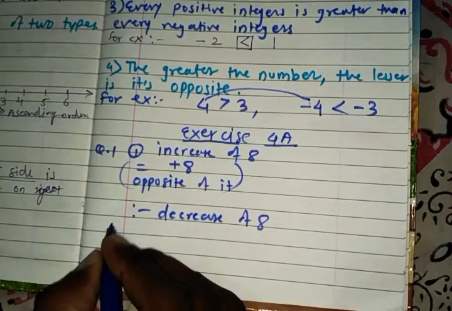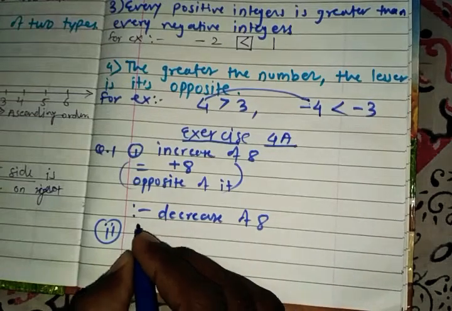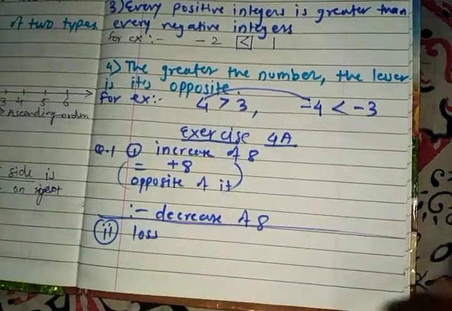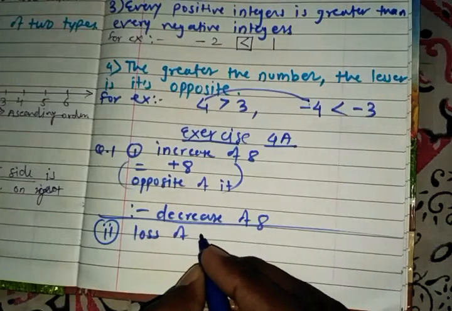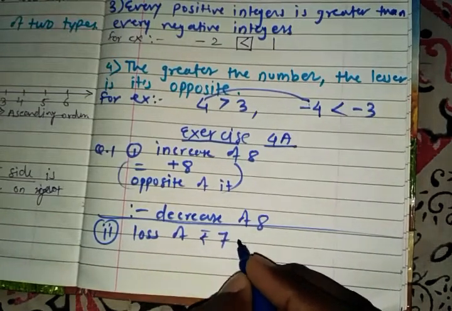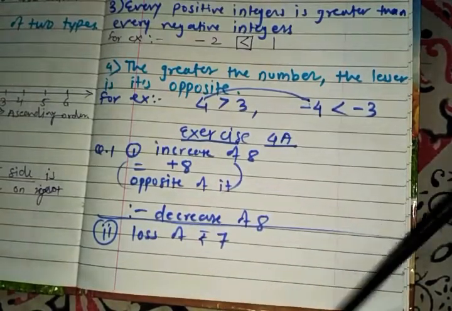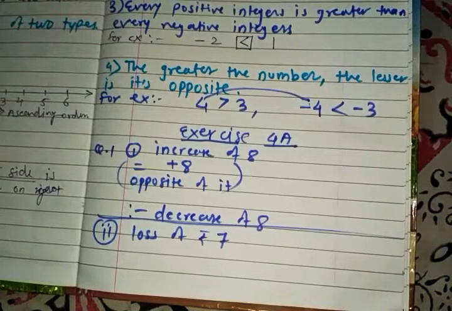Number 2, loss of rupees 7. So when the word is loss, what is the opposite of loss? You know that in English, the opposite of loss is profit.